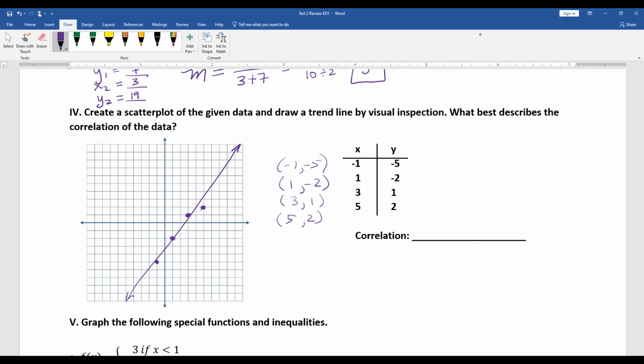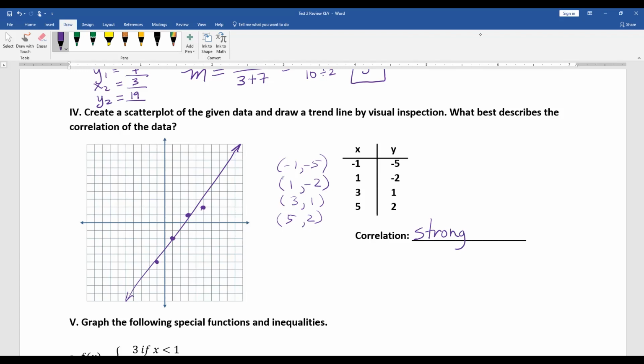If it's a strong correlation, then that linear equation is more accurate. It's going to give you a better prediction about future data or random data in between. So this is a strong correlation.